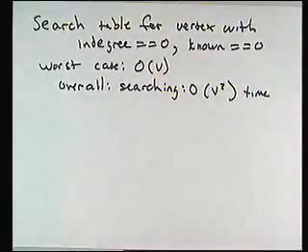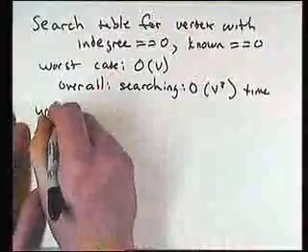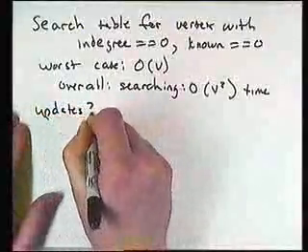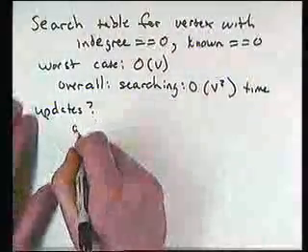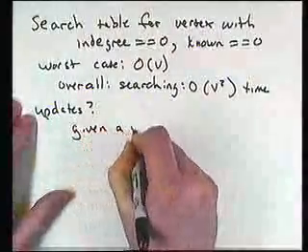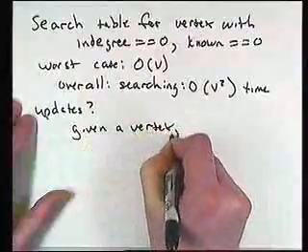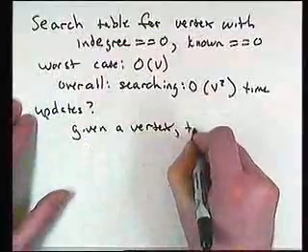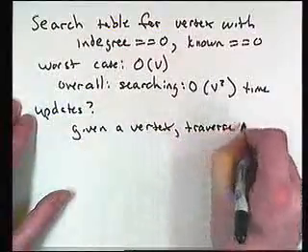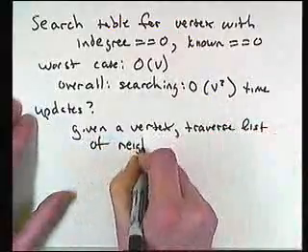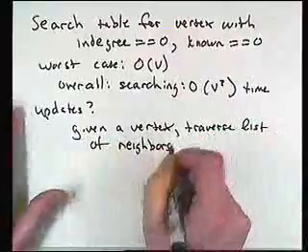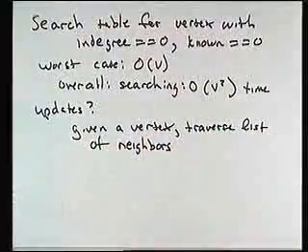And then we say, what about updates? When we deal with updates, we basically say, given a vertex, we traverse its list of neighbors, and that was why we said we'll assume the adjacency list implementation, because that's really nice in this case.